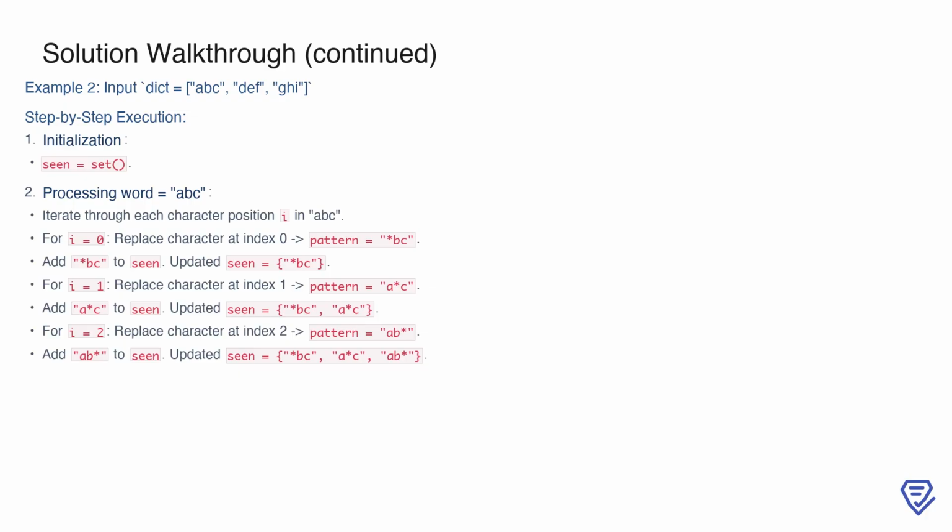At index 1, the pattern A*C is generated and added, resulting in *BC, A*C. At index 2, the pattern AB* is created and added to the set, making the updated seen set *BC, A*C, AB*. With this, we have completed processing the first word.